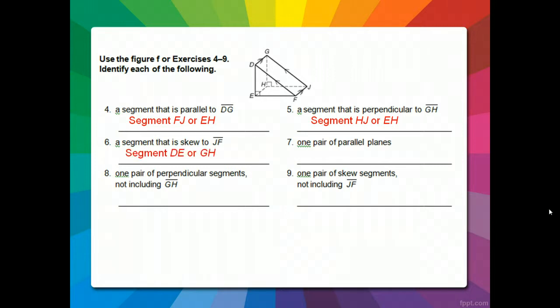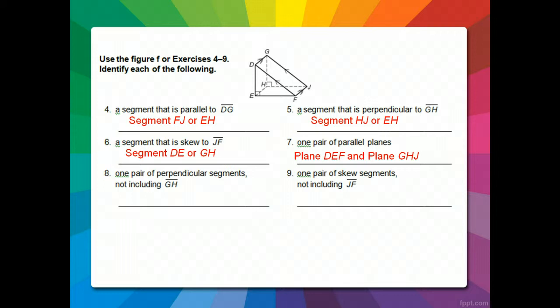A segment that is skewed to JF would be DE or GH. One pair of parallel planes. We could look at plane DEF, the front part of the prism, and plane GHJ, the back part of the prism.